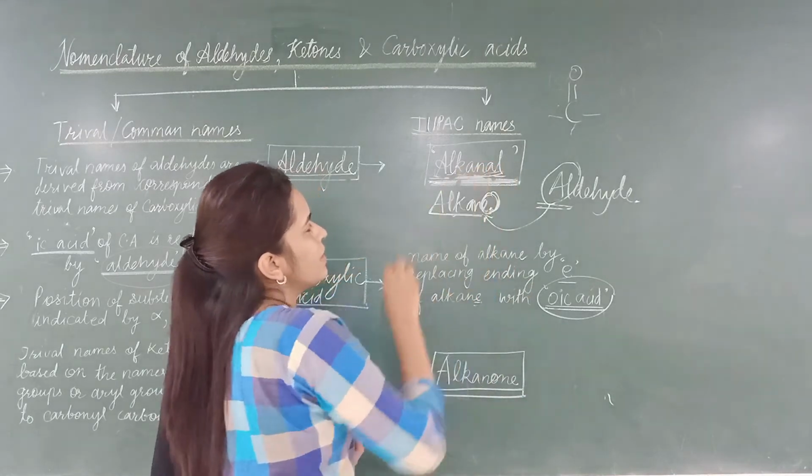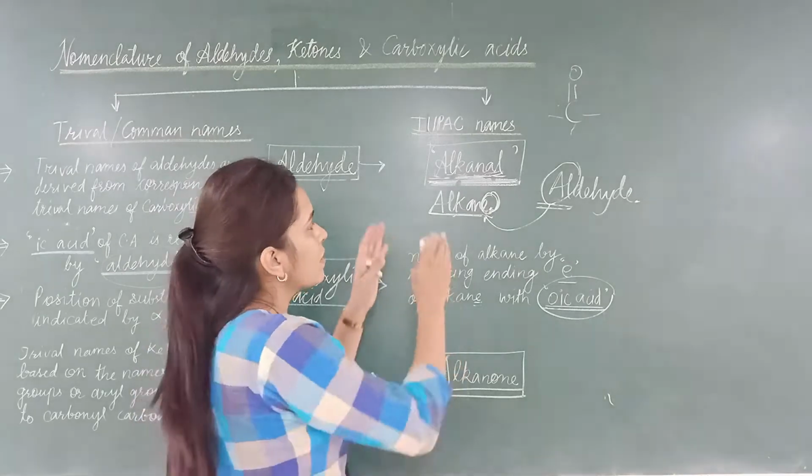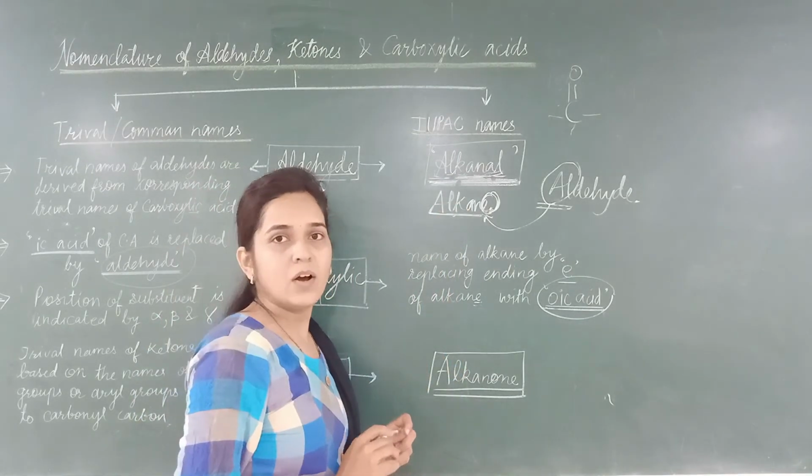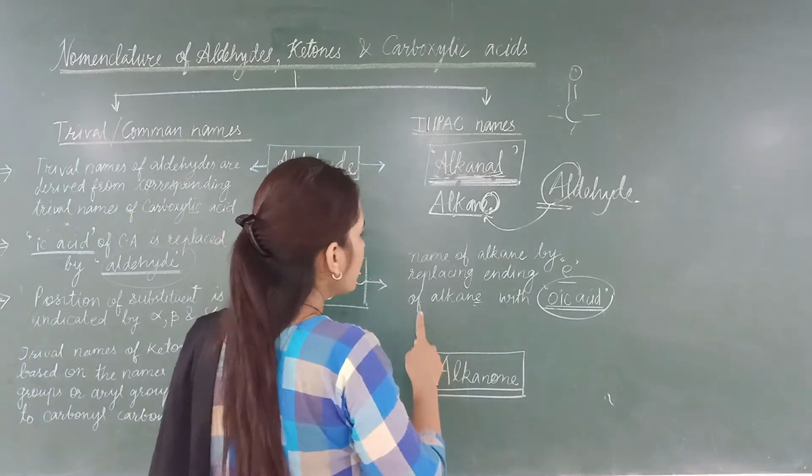This Al in the IUPAC name represents that the compound is an aldehyde or contains the aldehydic functional group.